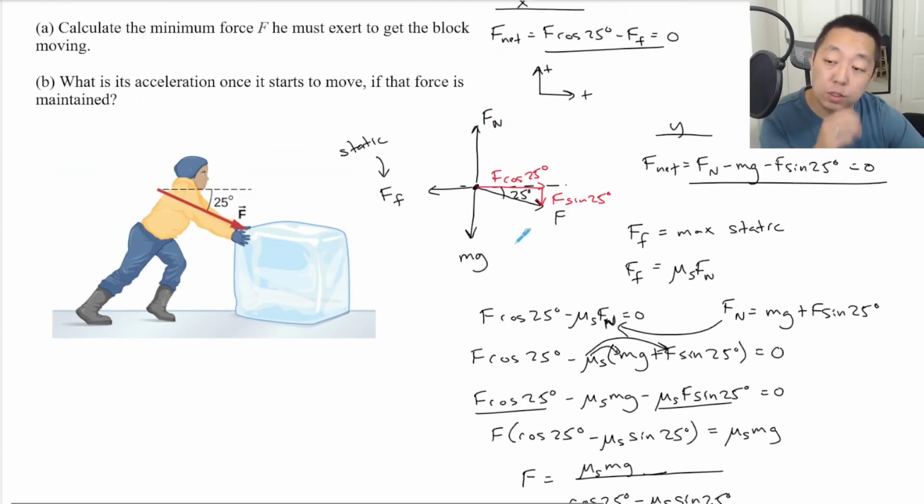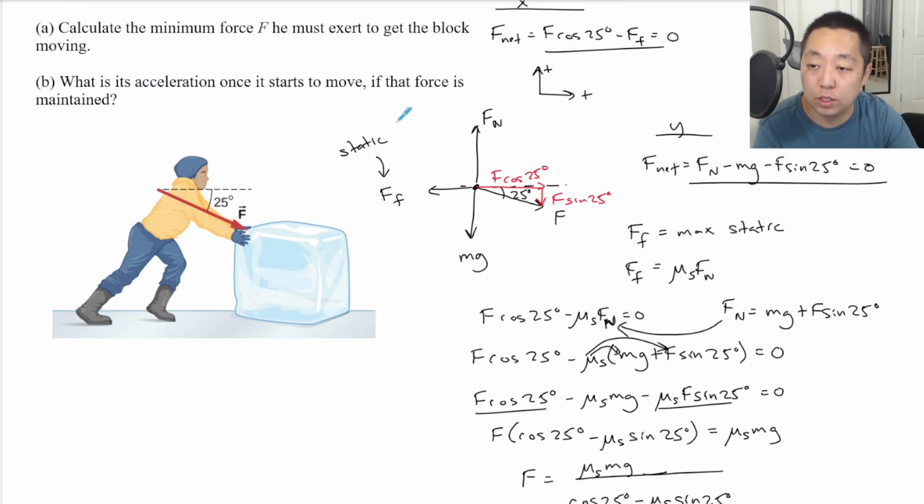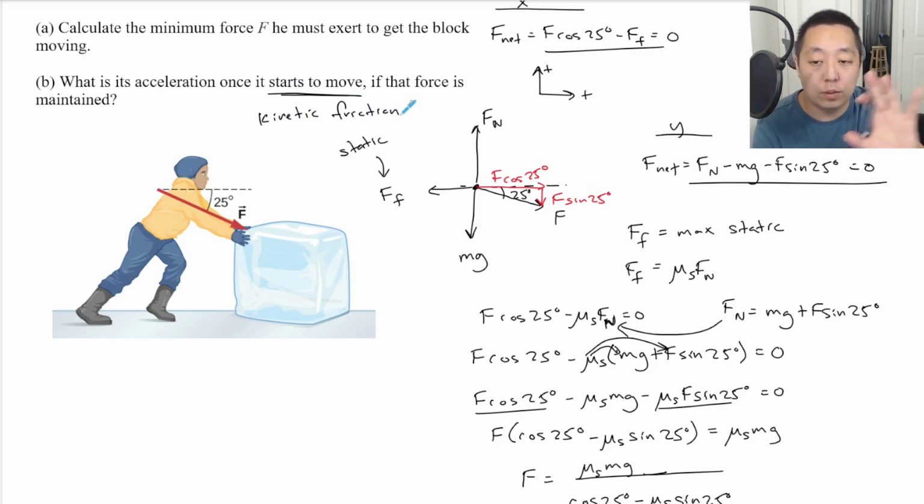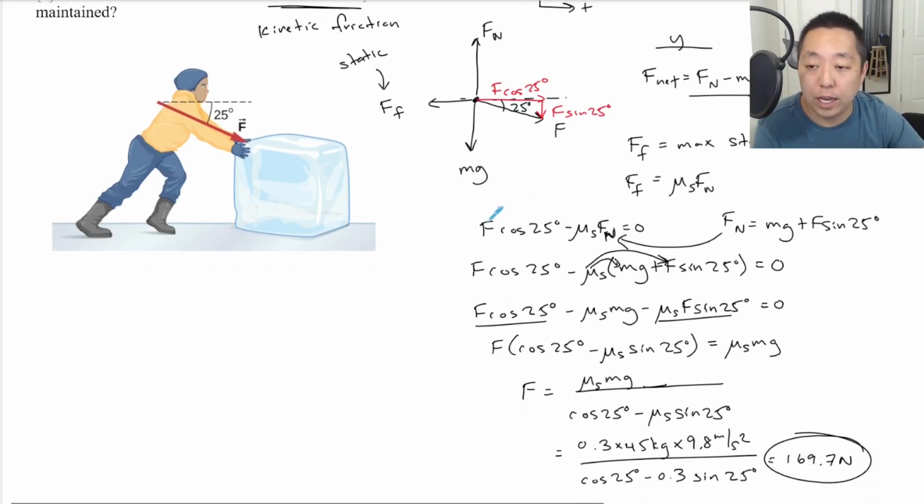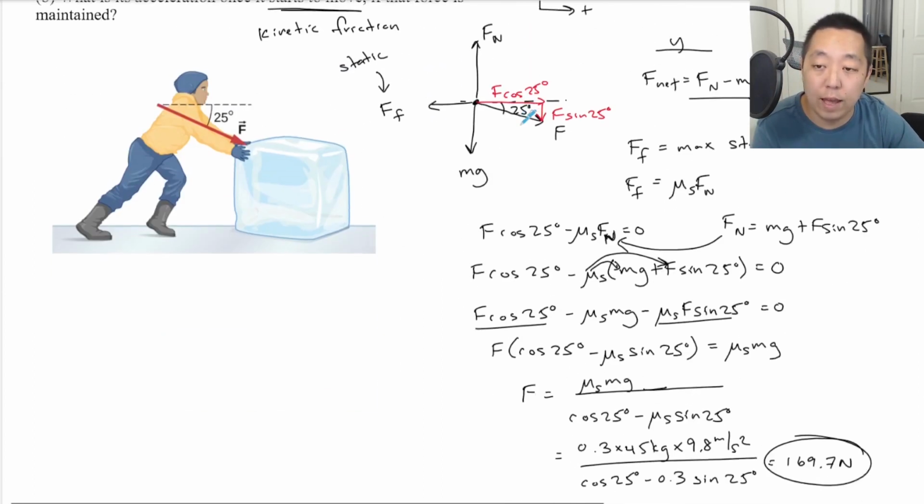Now, once it starts moving, if I use the same force, what is its acceleration? What is its acceleration once it starts to move? Once it starts to move, now it's kinetic friction. We still have the same free body diagram, but this force of friction is now kinetic friction. And we know what F is.